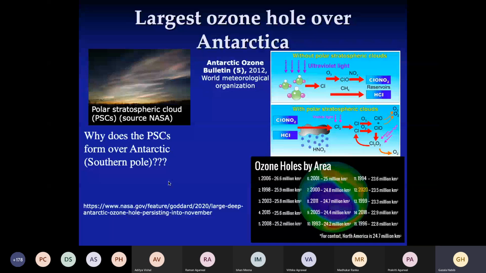You can see on the right corner, ozone hole by area is given. When you go from 2006 to 2008, even 2015, you can see there is a decrease in ozone hole area in million square kilometers. But in 2020 it was 23.5, while in 2001 it was 25 million square kilometers.